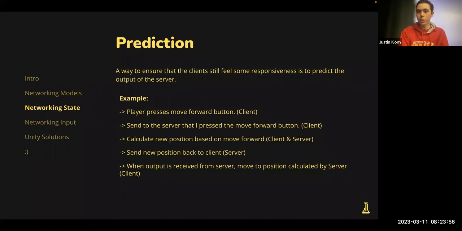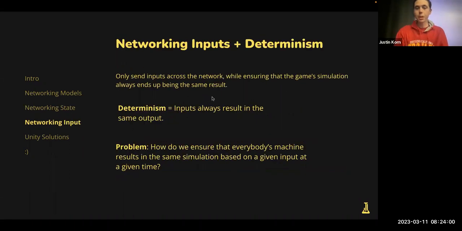Now, you can also look at networking as just sending over inputs. And this is how I believe most responsive games that have good cheat protection work. They have what's called determinism.